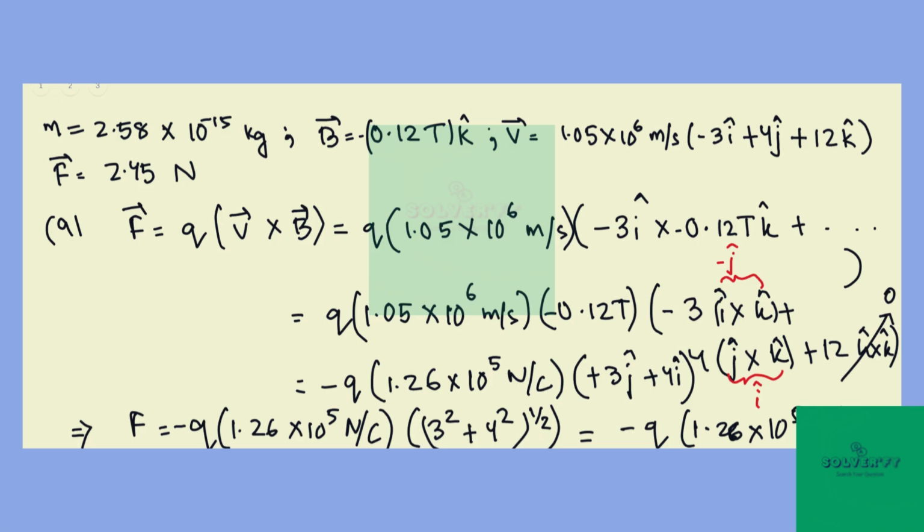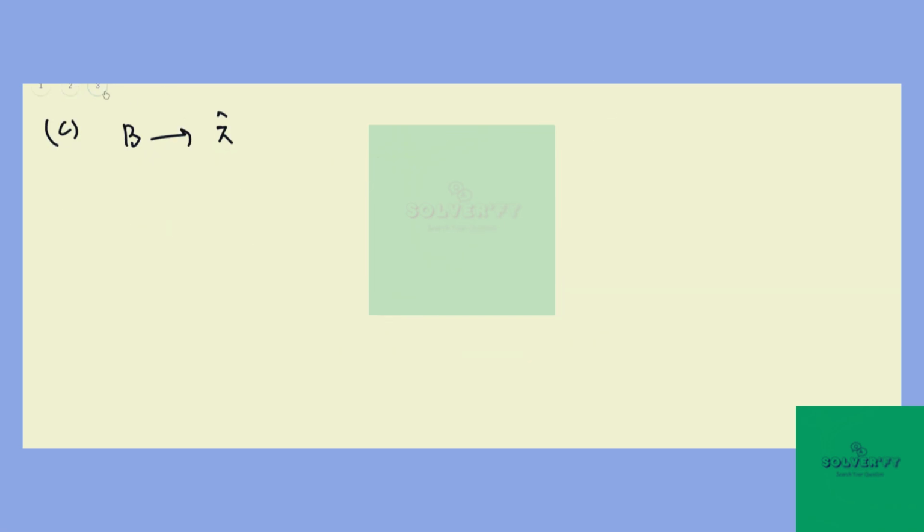So the speed in the z direction is basically this value times this, and this is going to be constant because there is no force in the z direction. And in the xy plane the force F causes the particle to move in a circle with the force directed towards the center of the circle.